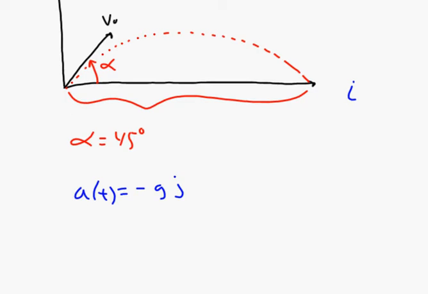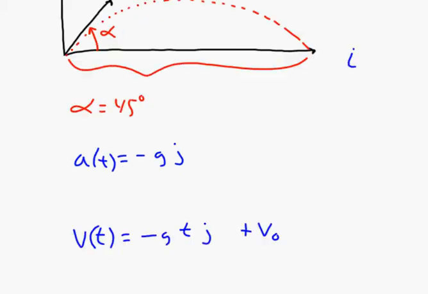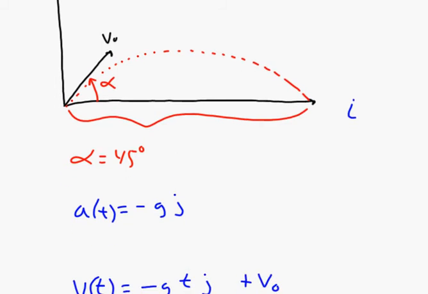Since we know that the derivative of velocity is acceleration, we take the antiderivative of this expression, and we'll get negative g t j plus the initial velocity vector, which is just arbitrary, and here it is right there.